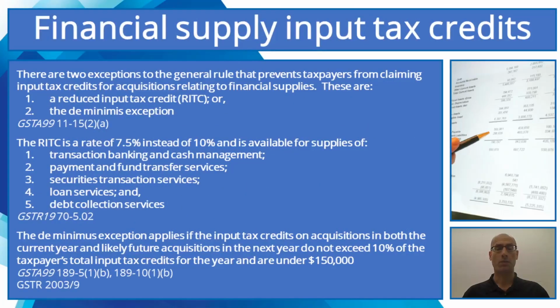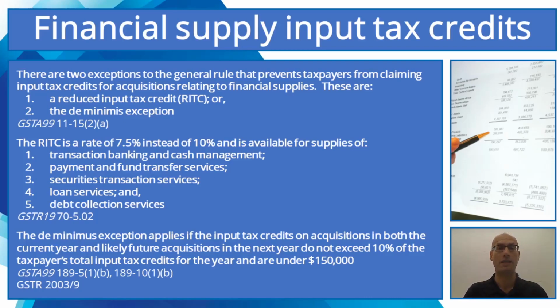So, when the GST regime was getting pushed through, there was a variety of pressure groups that influenced the final makeup of this particular series of legislation. One of those pressure groups was the banks. So when we say that financial supplies are input taxed, in other words, you can neither charge GST or you're not obliged to charge GST and you can't claim input tax credits, there is an exception to that.